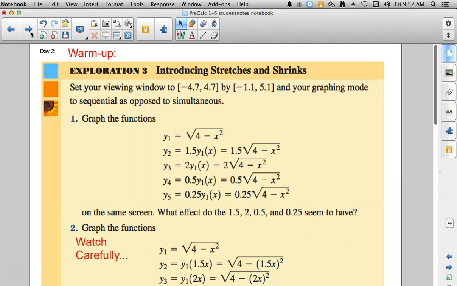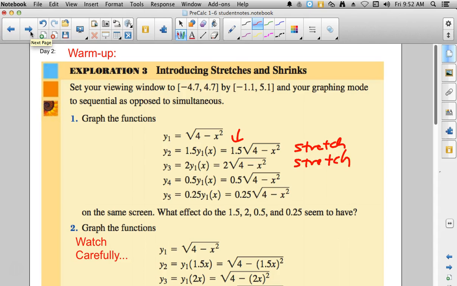And we know that if that number we're multiplying by in the front is bigger than 1, we have a vertical stretch. So this would be a stretch because 1.5 is bigger than 1. And when we multiply by fractions between 0 and 1, those are called compressions.